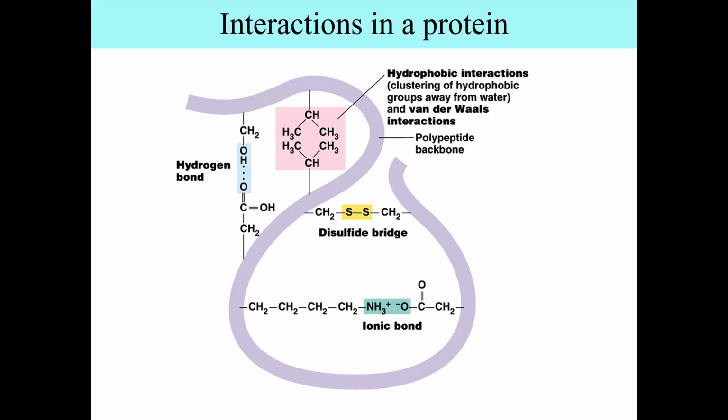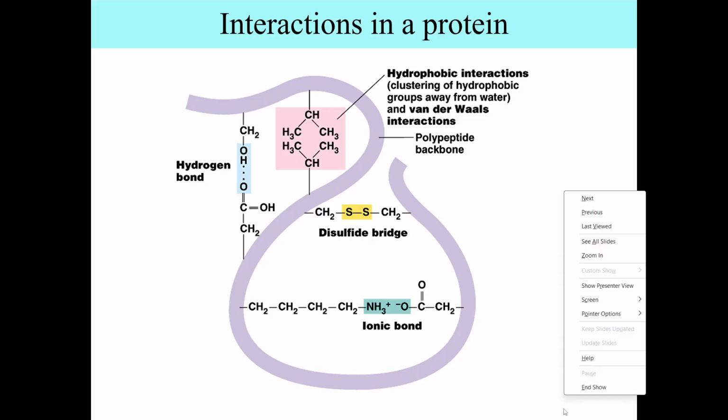Interactions in a protein. So in the last class, we learned that amino acids come together and get joined by peptide bonds to form a linear polypeptide chain, which again interacts with the residues in it to form the folded native state conformation, which is the biologically active structure of the proteins.